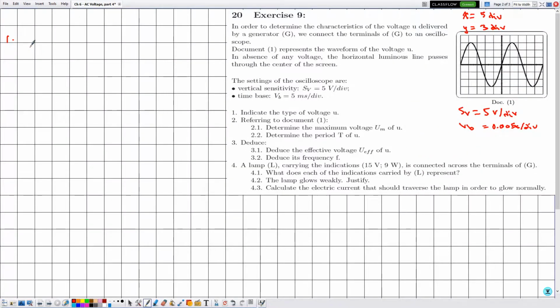So let me say, since it varies with respect to time, and is alternately positive and negative.